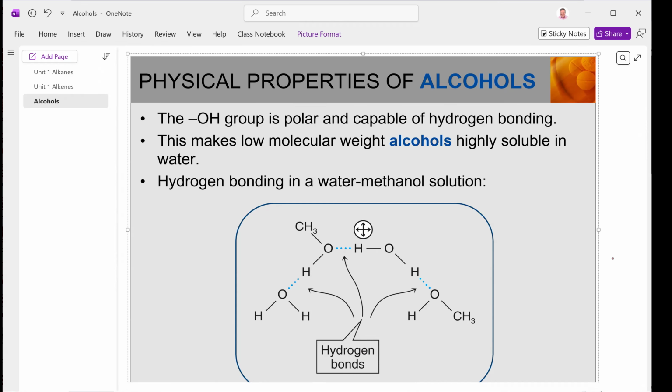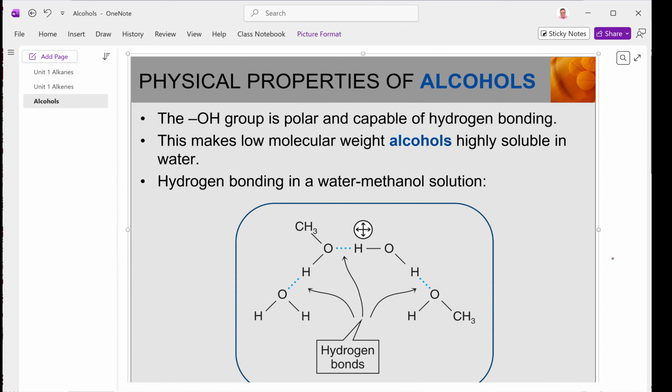For example, vodka. Vodka is a 50-50 mixture of water plus ethanol. Can you tell the difference between the ethanol and water in vodka? Looks just like water. So it's very, very soluble in water. It almost looks like water.